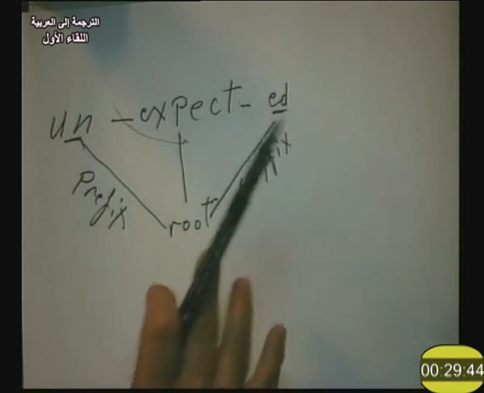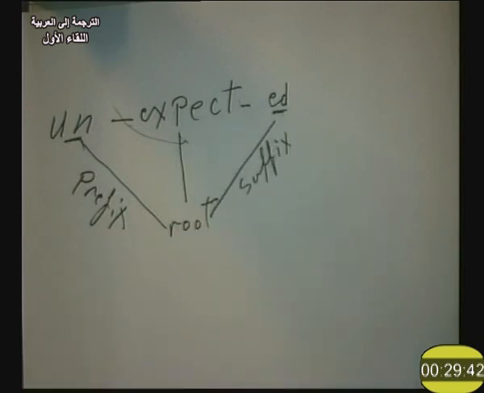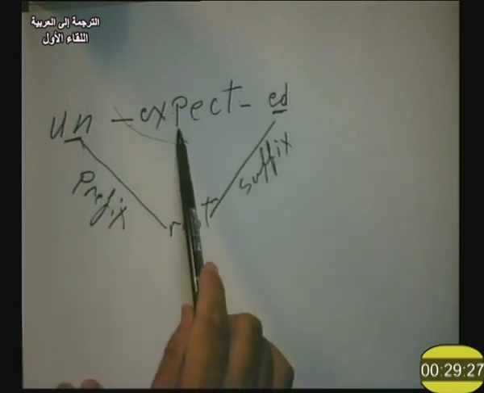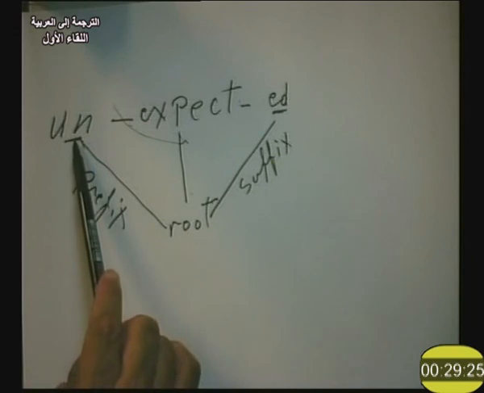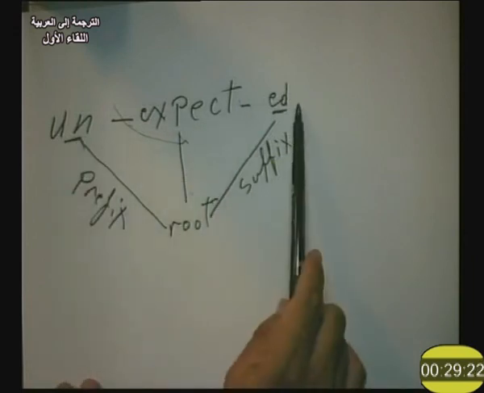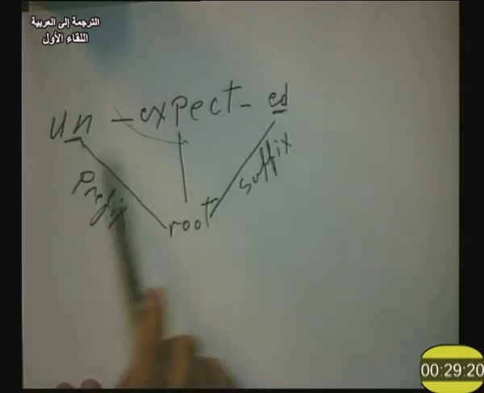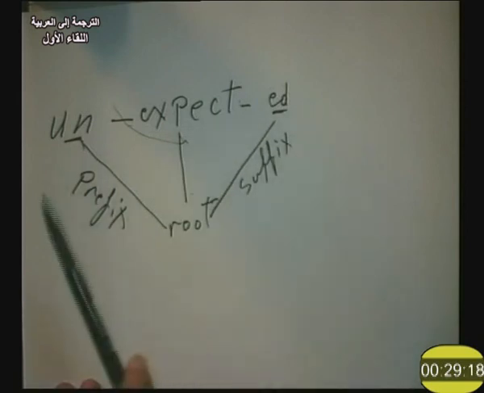This will be part of the course of level 1: the main and important prefixes and suffixes that are attached to the root to give words different meanings. Unexpected, "غير متوقع". So expect is the root, un is the prefix, ed is the suffix. The unexpected result or consequence: here it is an adjective for consequence or result.